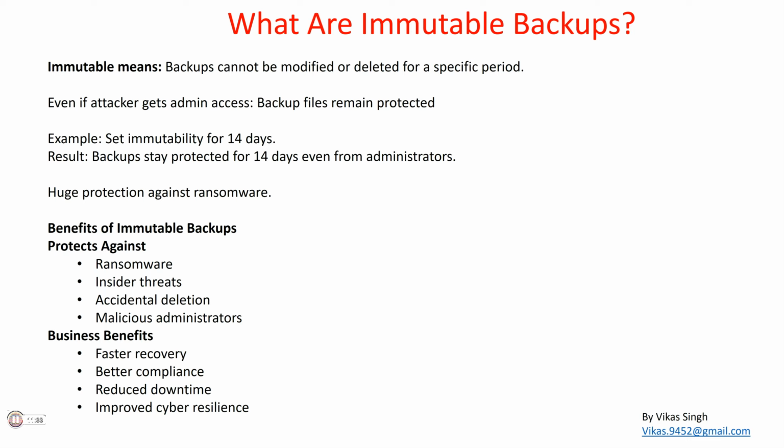So this is strong protection against ransomware. The benefits are that immutable backups protect against ransomware, insiders, accidental deletion, and malicious administrators. Business benefits include faster recovery, reduced downtime, better compliance, and improved overall security resiliency for the infrastructure.